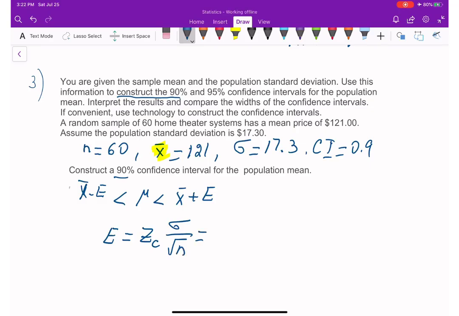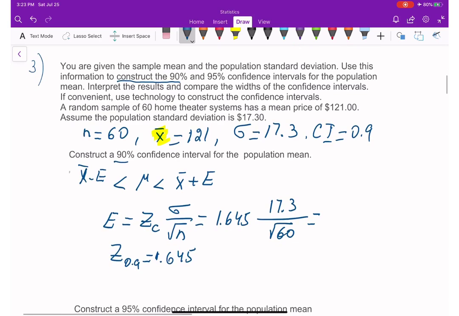So z critical for 90%, 0.9, right, is equal to 1.645. So this is going to be equal to 1.645 times sigma over square root of n, might as well plug it in. Sigma is 17.3 and square root of n is square root of 60. And you should get here 3.67.